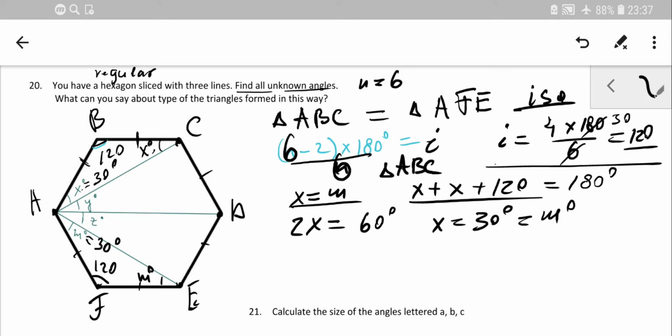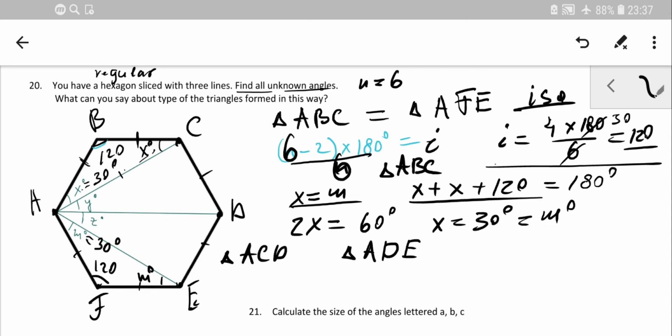All right, let's have a look at the triangle ACD, and the second triangle ADE. I'm talking about this one and this one. It seems to me they're also the same, but let's have a look at why they're the same.